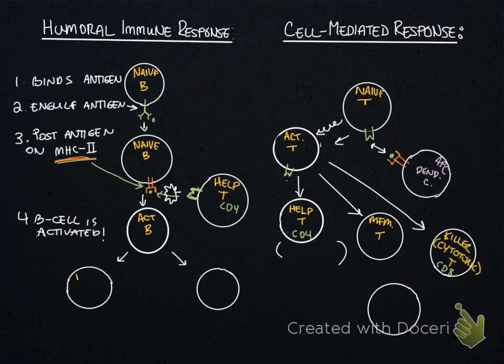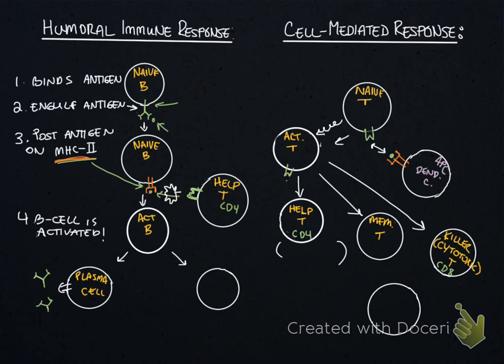It becomes plasma cells, which are basically factories for making antibodies. What type of antibodies? You got it. The same antibodies that were found on this naive B cell, the ones that are specific for that specific antigen.